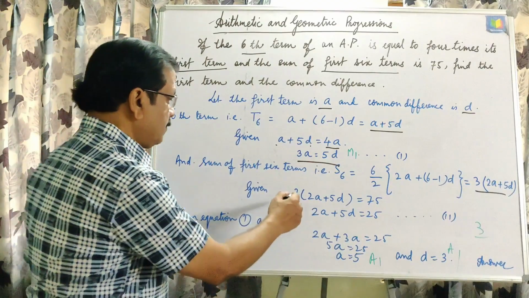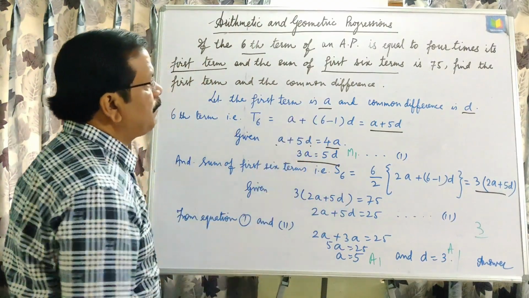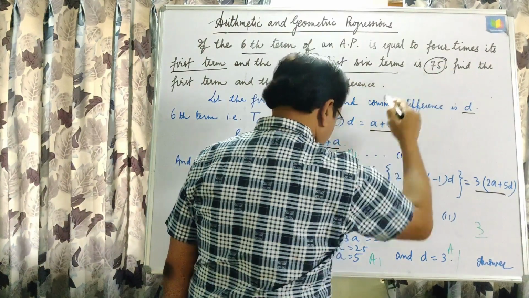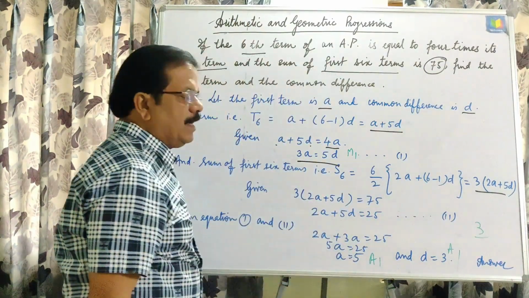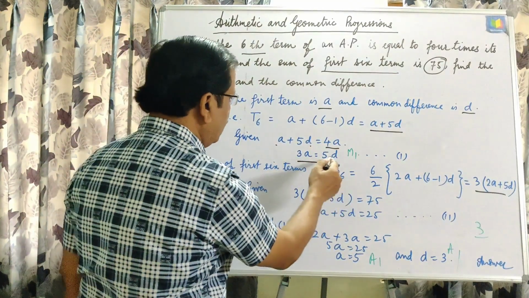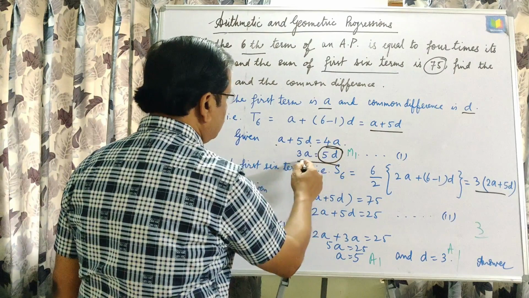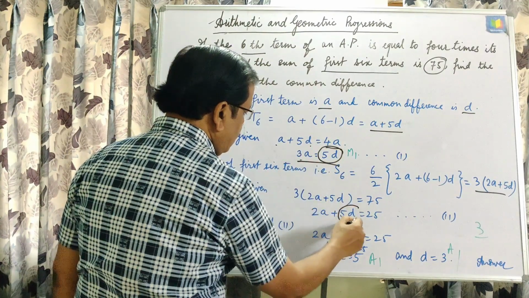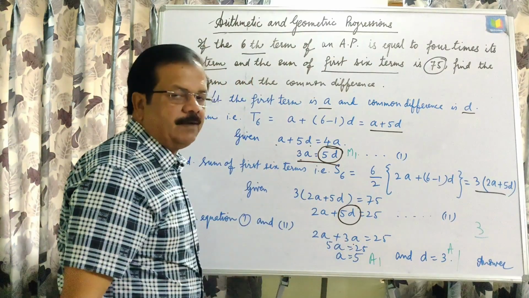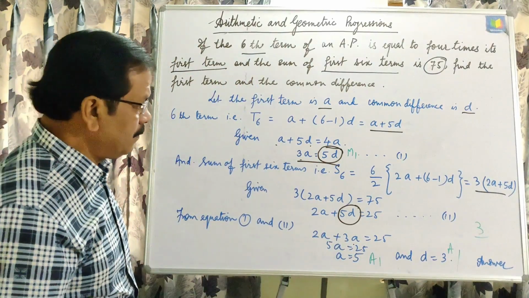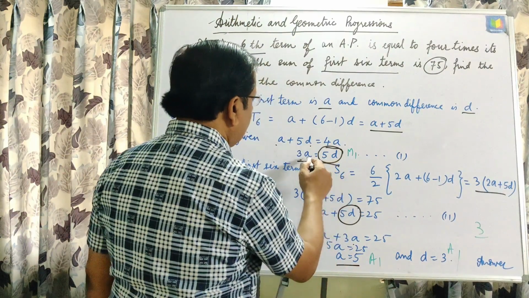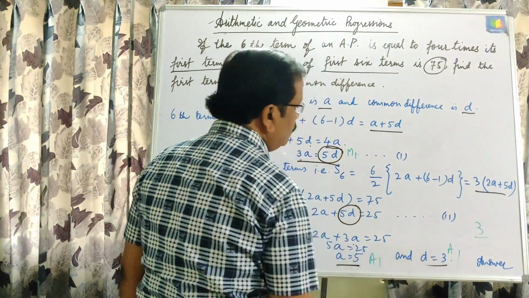The sum of the first 6 terms is given as 75. After substituting we are getting 2A plus 5D is equal to 25. Now from equations 1 and 2, 5D is equal to 3A, putting 3A here for 5D, we are getting 5A is equal to 25, so A is equal to 5. After substituting A is equal to 5, we are getting D is equal to 3.